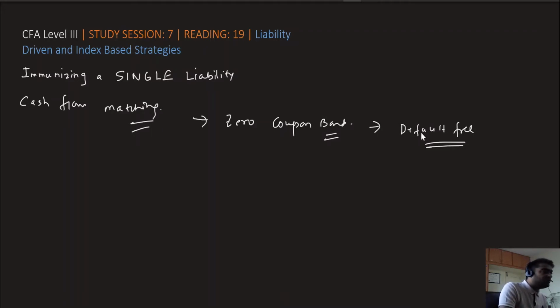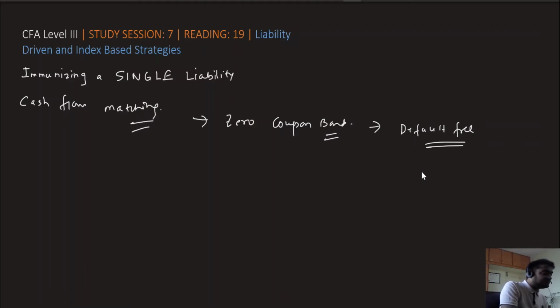Now, before we move to discussing the yield curve changes, etc., which can occur even in a single liability portfolio, and how you immunize that, let's revisit a few basic concepts to understand the changes to the yield curve much better.